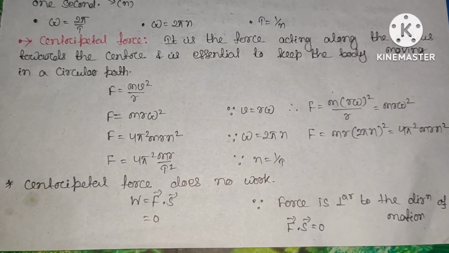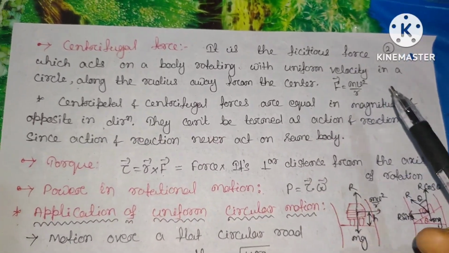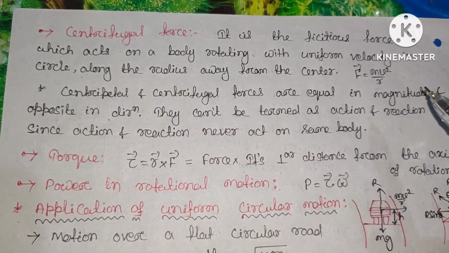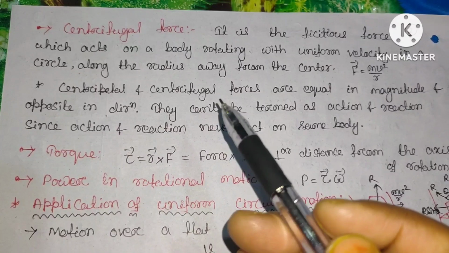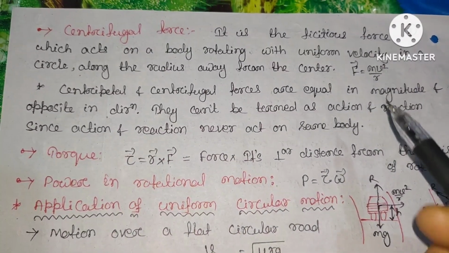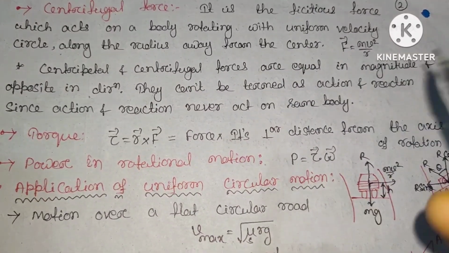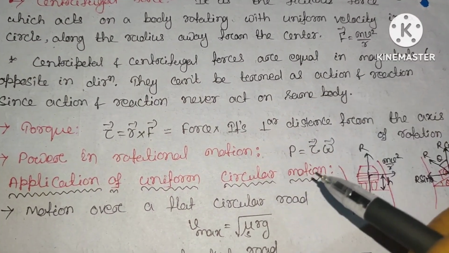Okay. So the next comes centrifugal force. It is the fictitious force which acts on a body rotating with uniform velocity in a circle, along the radius away from the center. That is F equal to mv square by r. The centrifugal force can be regarded as the reaction of the centripetal force.